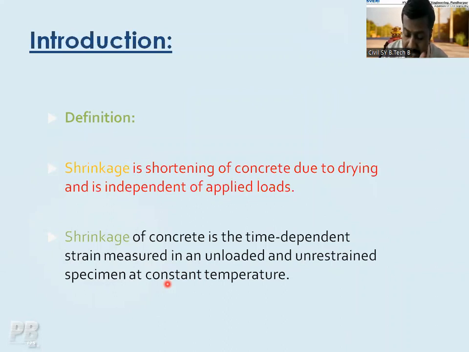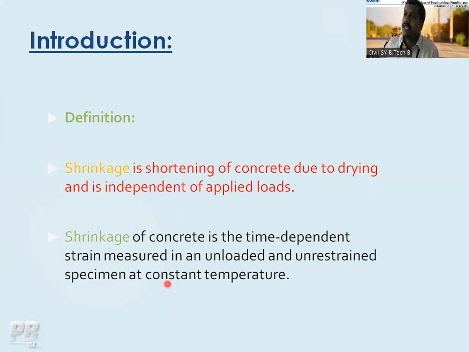So shrinkage is a time-dependent strain and it is measured in an unloaded specimen. That means we are not going to consider whether I am applying a load of 10 ton on the concrete structure or whether I haven't applied any kind of load, just the self weight of the body is there.